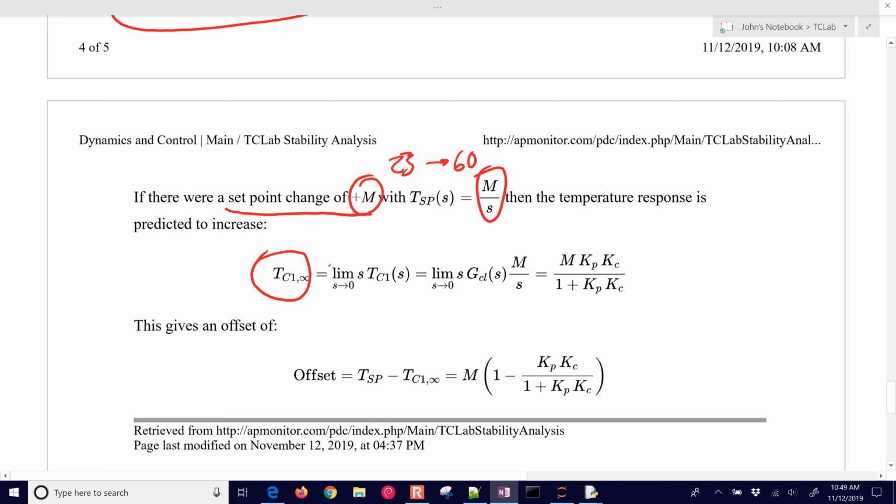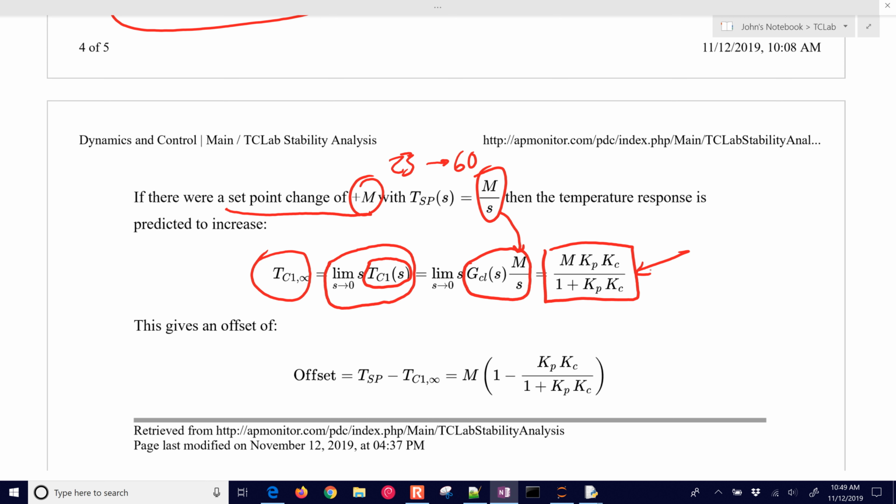So one of the ways that we can calculate that is multiply by s and set the limit as s goes to 0. And so if we just plug in our closed loop transfer function times this step, and we simplify it out, with s goes to 0, it's going to come up with our predicted change in value for TC1.